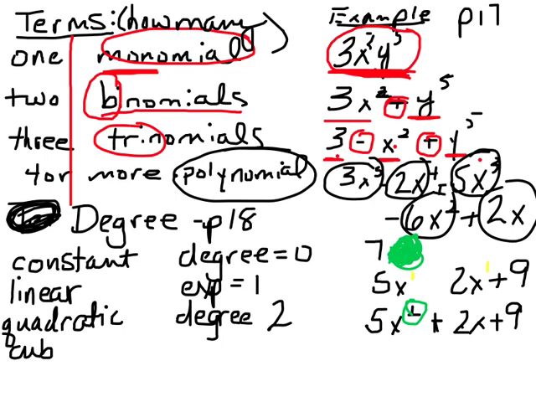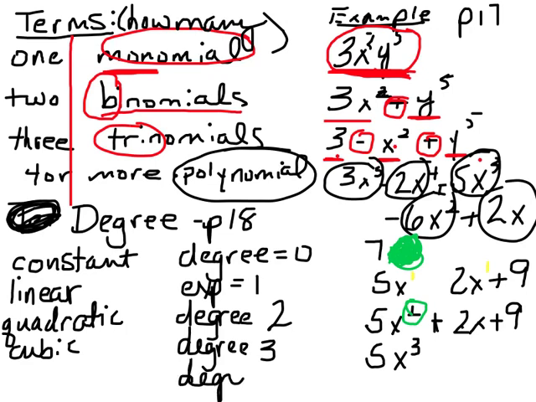And I'm going fast on this because it's in the book and I want to get to problems. Cubic is degree 3. So as long as I had something that had an exponent of 3 on it, that would be a cubic expression. Degree 4, if you look in your book, that's called a quartic.